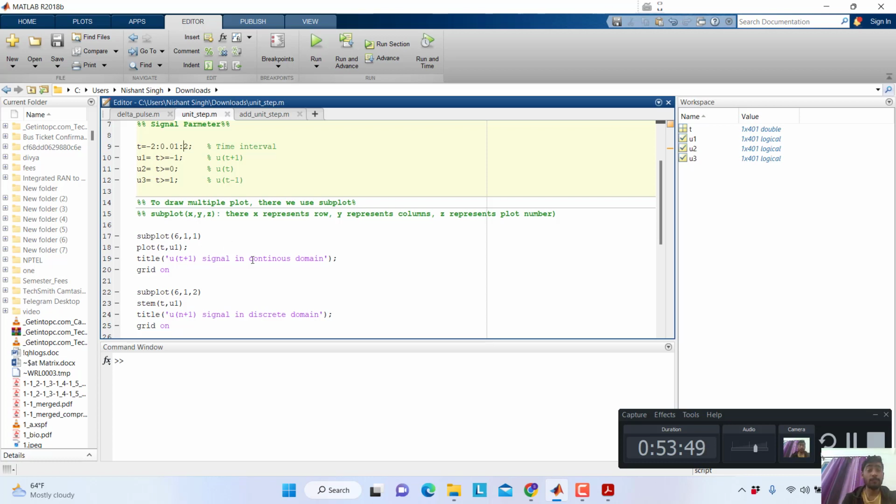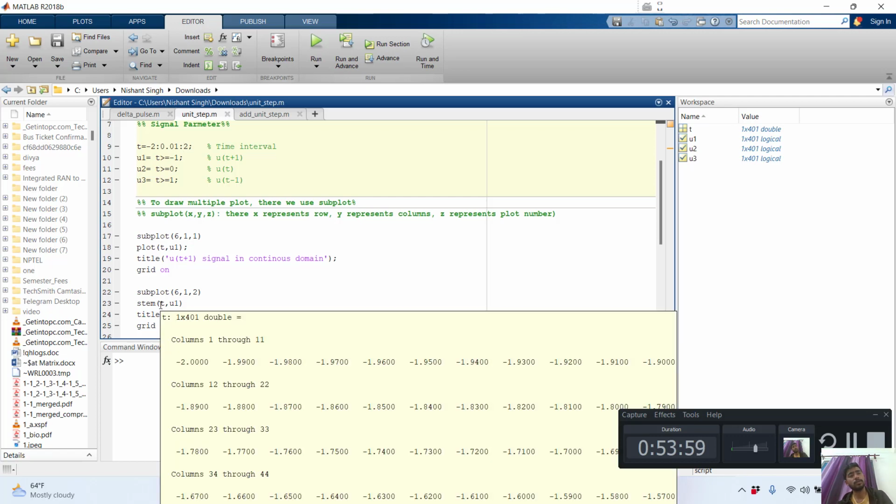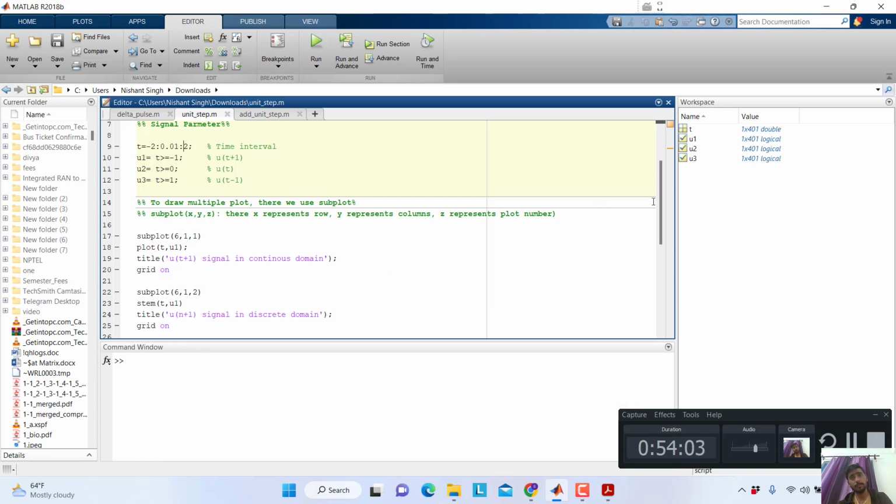Firstly we are plotting u(t+1) in the continuous domain. The stem plot shows u[n+1], which shows that we are plotting discrete signals.